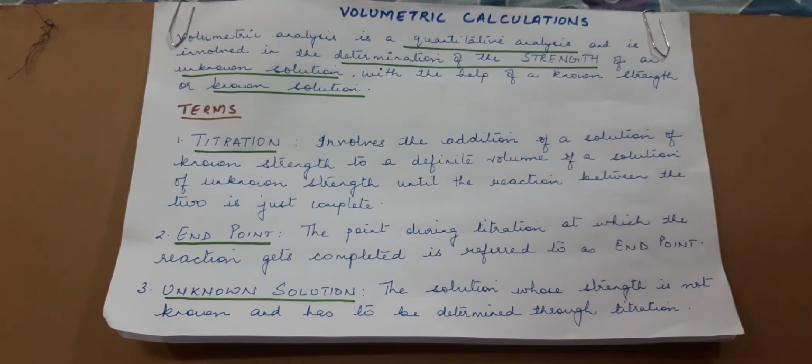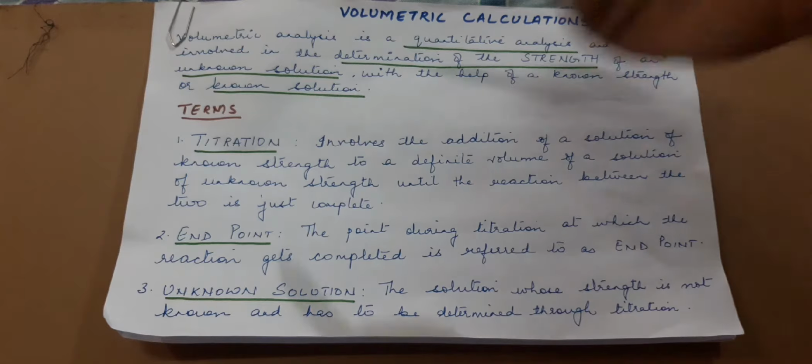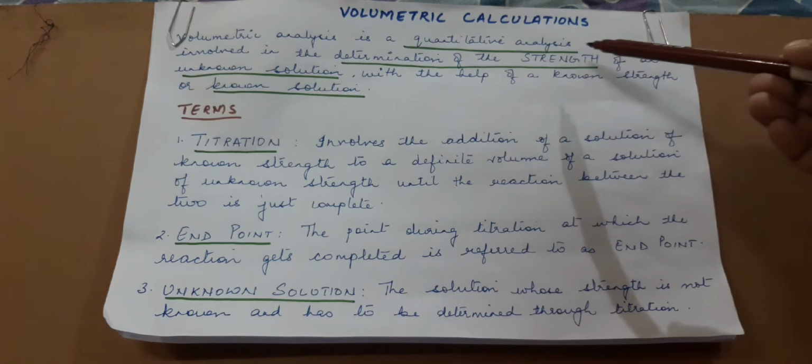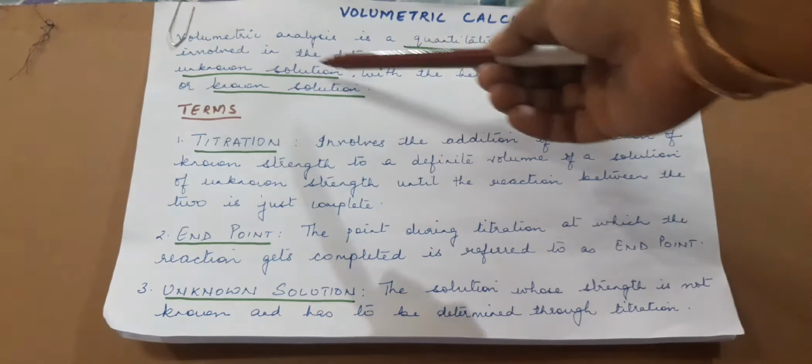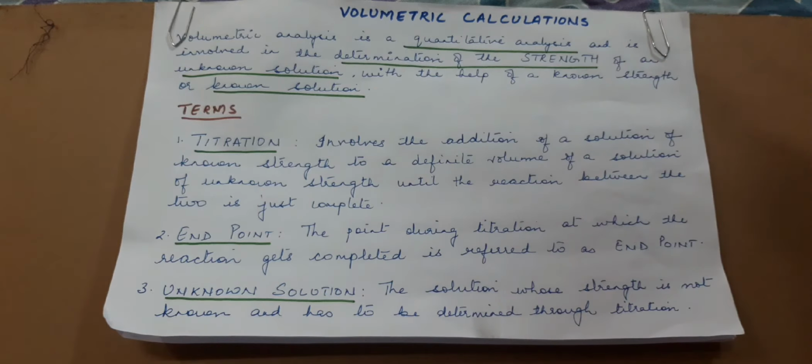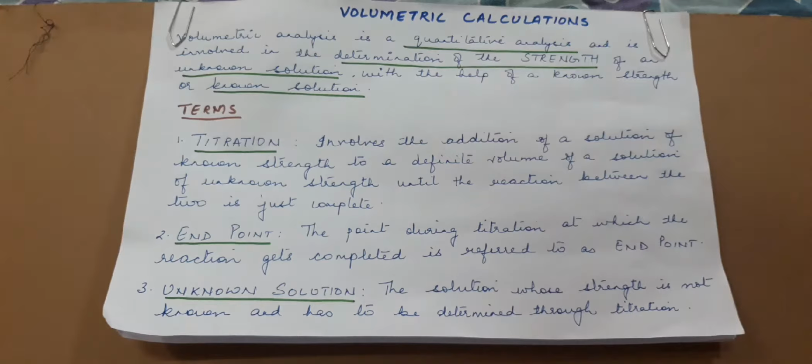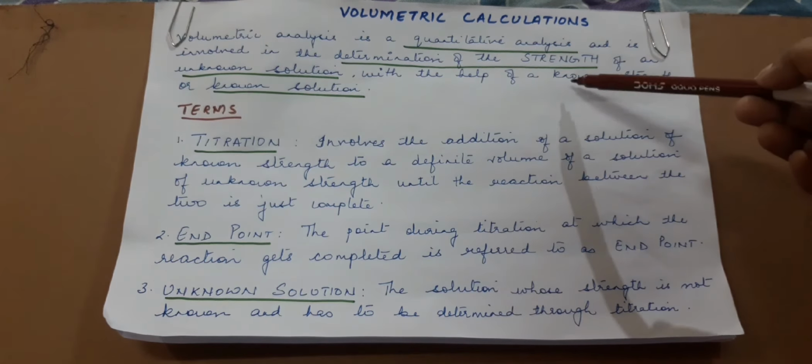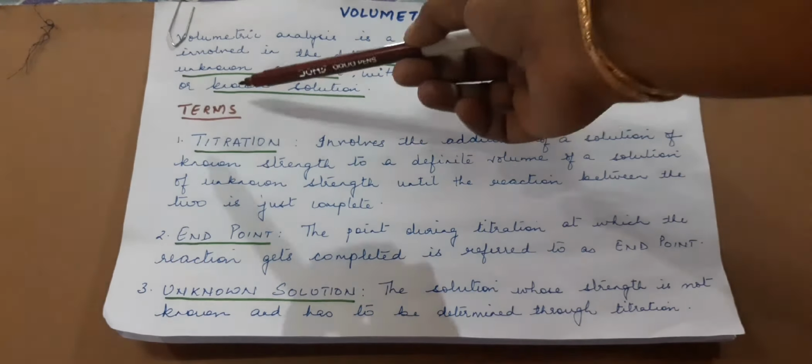So I'm using volume to determine the strength or concentration of some unknown solution. We say that type of analysis is volumetric analysis. So volumetric analysis is a quantitative analysis and is involved in the determination of the strength, or you can say concentration, of an unknown solution with the help of a known strength or a known solution.